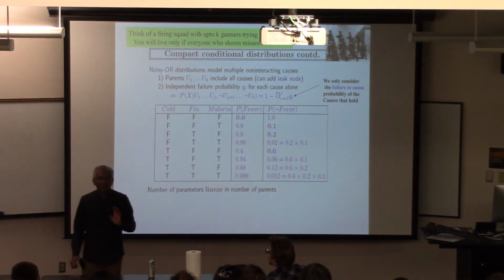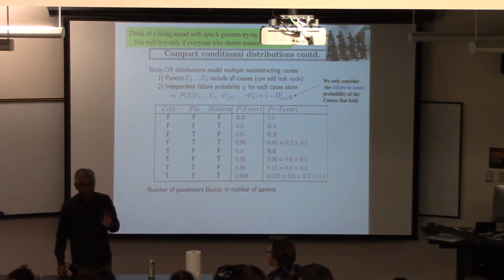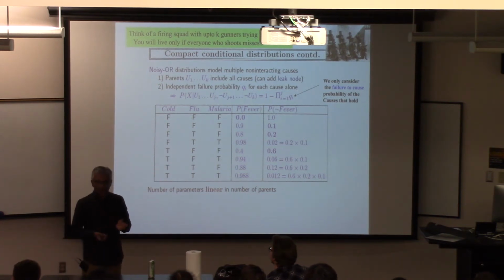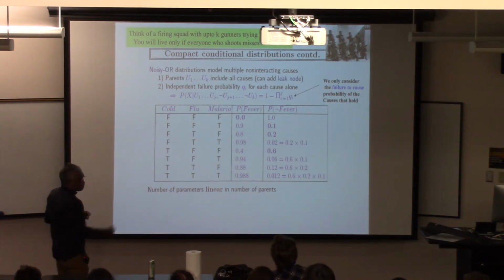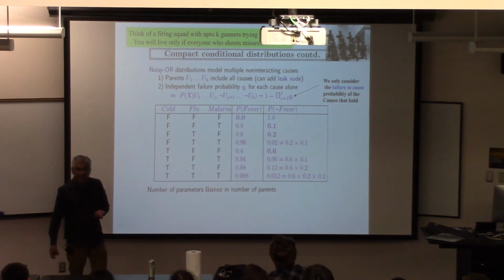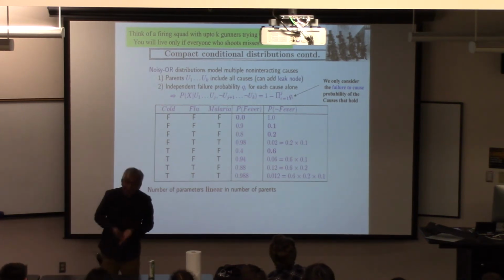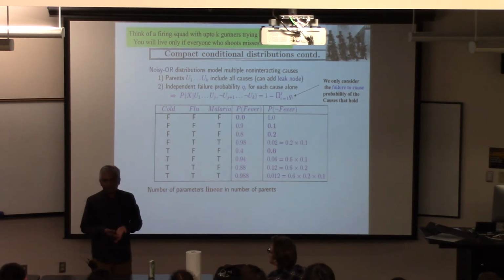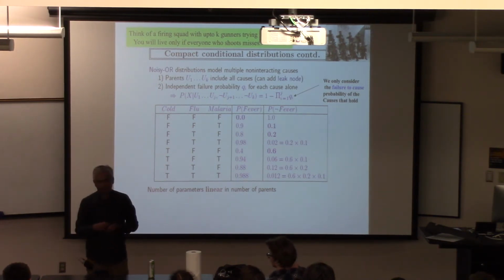But anyway, the point is that if you have k people in the firing squad, then if k of them fire, you still living depends on all of them missing.